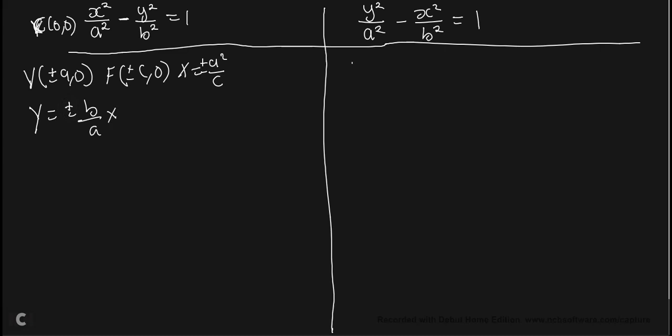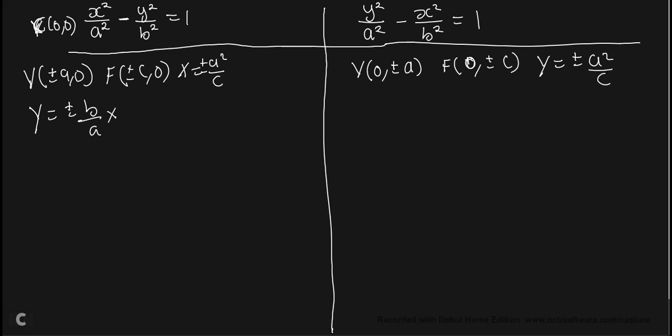How about this side? The vertices will be on the y-axis, then the focus, c, will be on the y-axis, then the directrix will be y equals positive or minus a squared over c, like that, right?